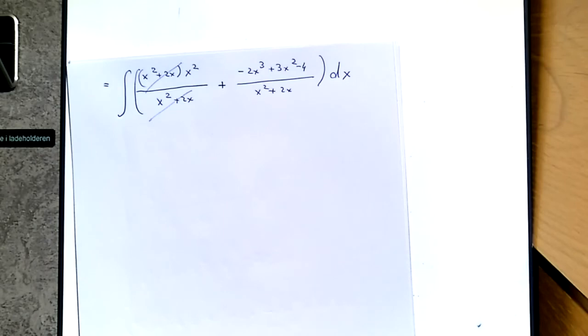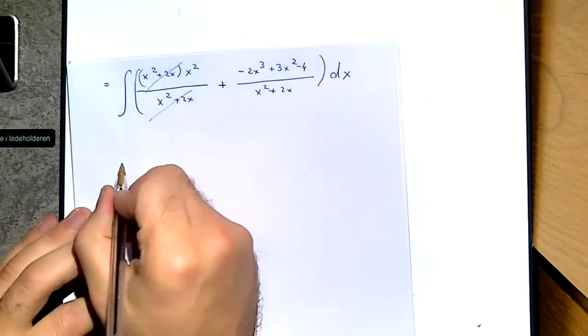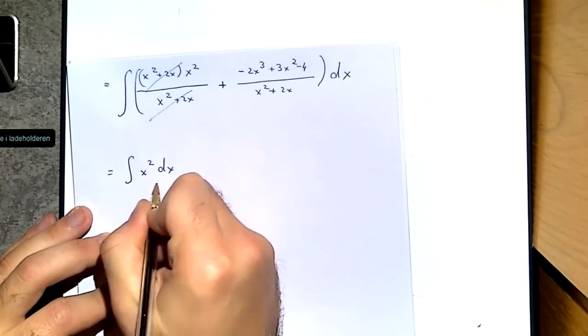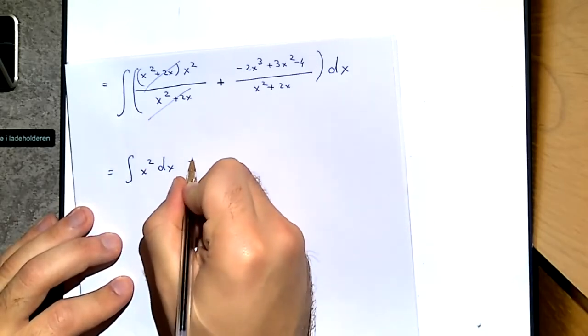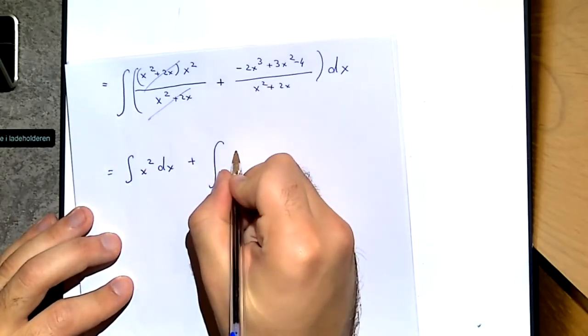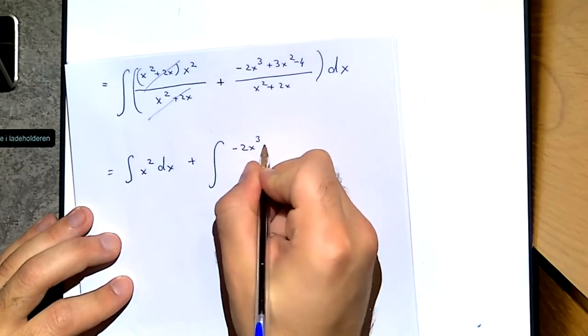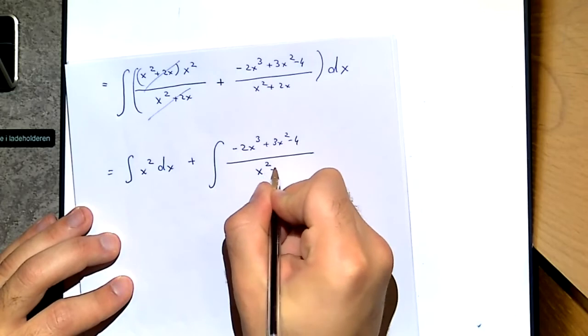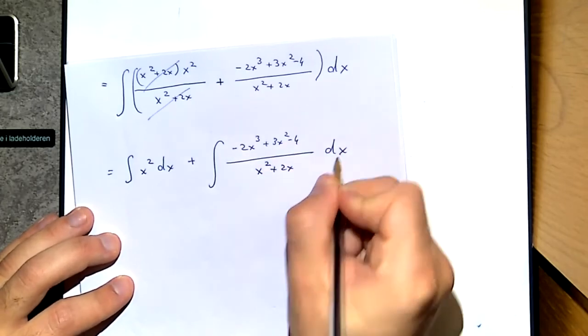Now hopefully it starts to make sense why I'm doing what I'm doing, because now I can just write this as the integral of x squared dx, which is trivial, plus the integral of minus 2x to the third plus 3x squared minus 4, over x squared plus 2x dx.